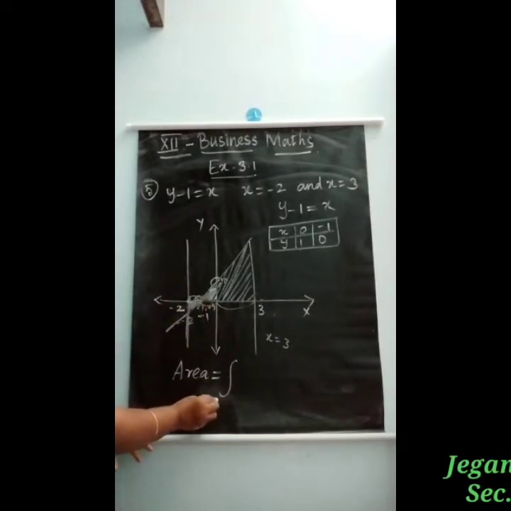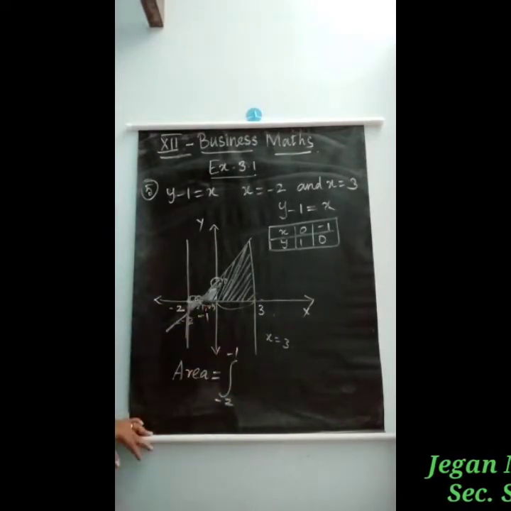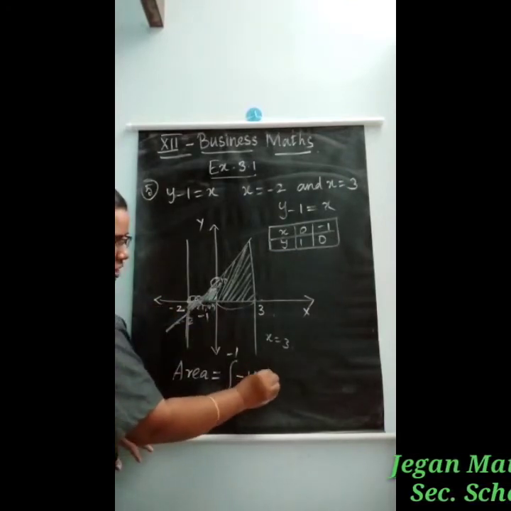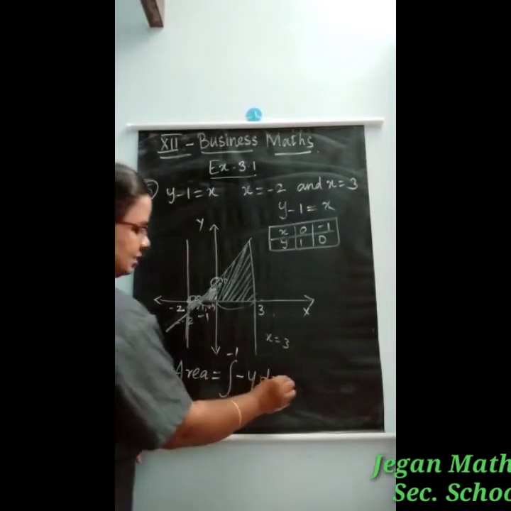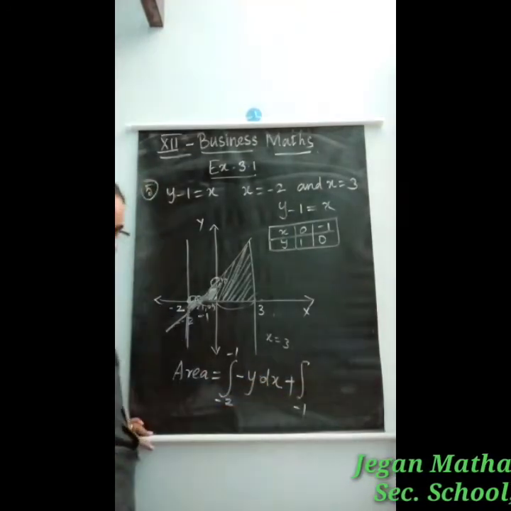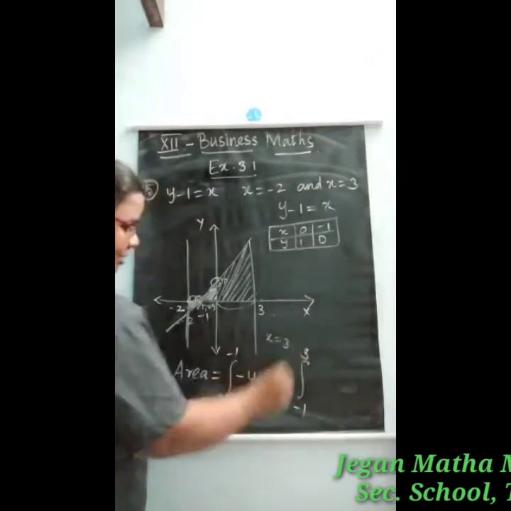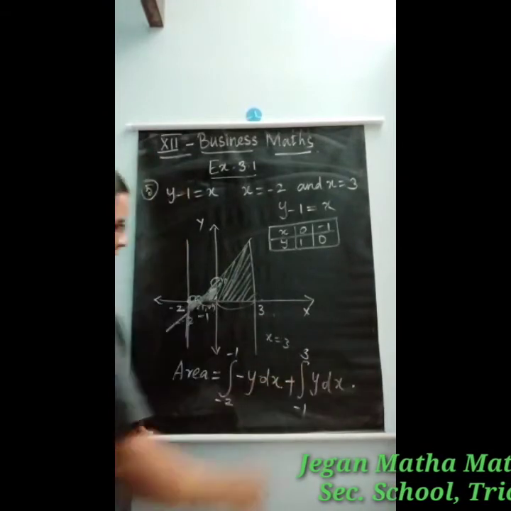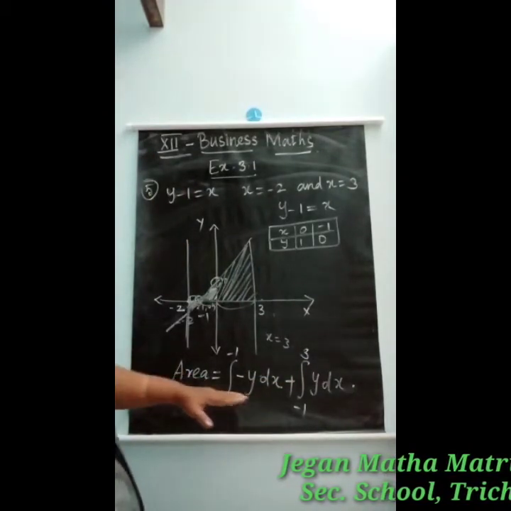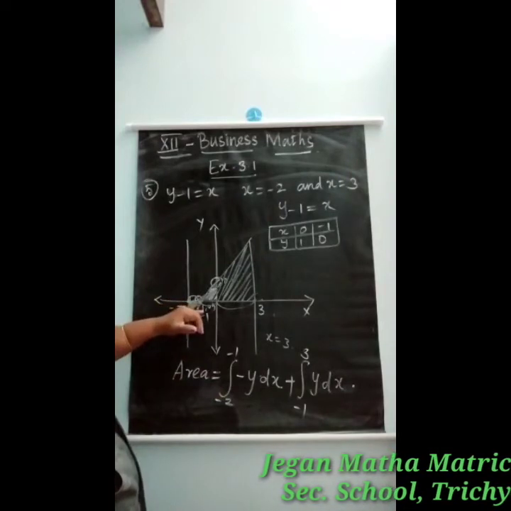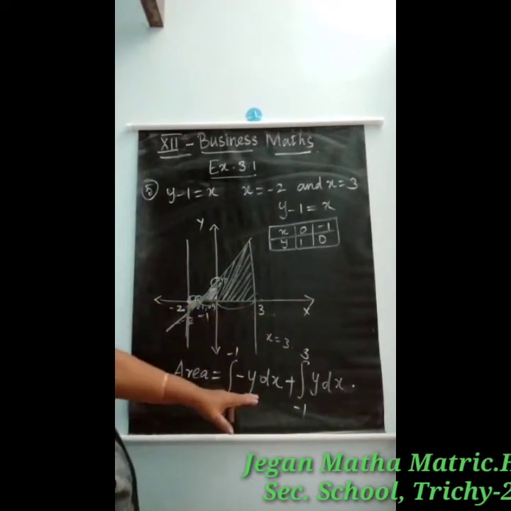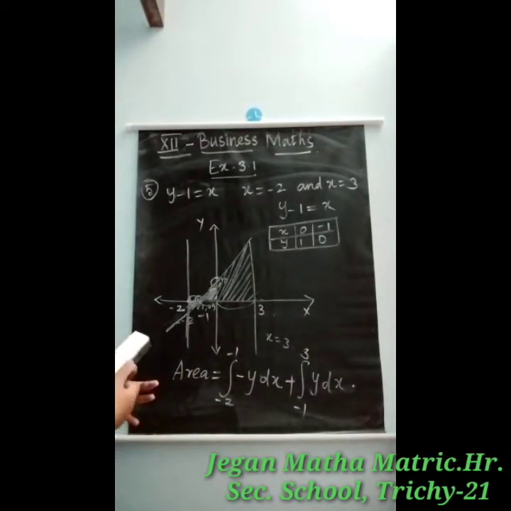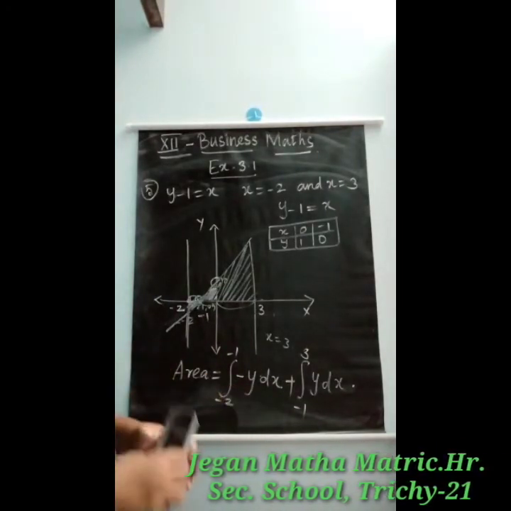So that is minus 2 to minus 1, with a minus sign because this is the left hand side, so minus y into dx, plus the integral of minus 1 to 3, which is in the right hand side, so you take y into dx. Can you understand, students, how to take this? Area is equal to the integral from minus 2 to minus 1 and minus 1 to 3 we have to take. That is for the right hand side. So let us find out how to find the area of the shaded region.